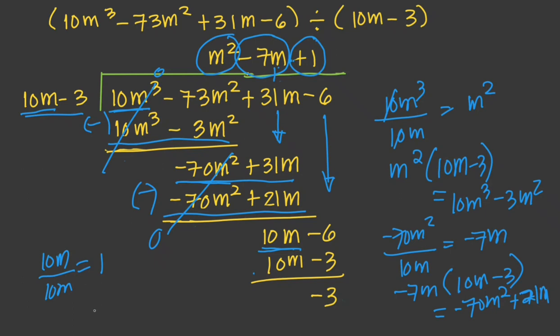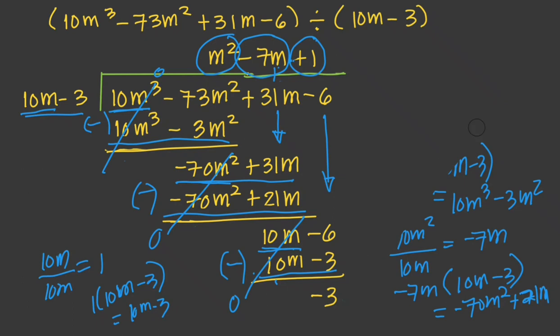And then we multiply 1 times 10m minus 3, so that would be 10m minus 3. We write it here and then we subtract. This is equal to 0. Negative 6 minus negative 3 is just negative 3. So the remainder is negative 3.